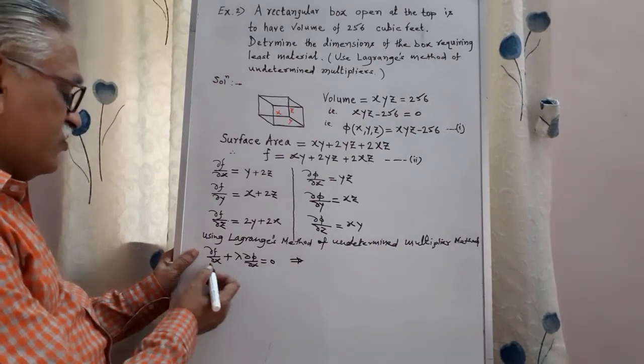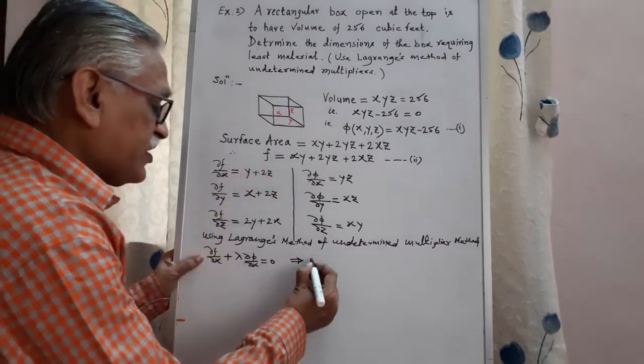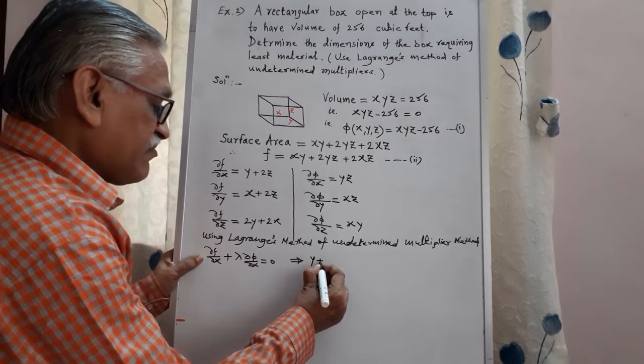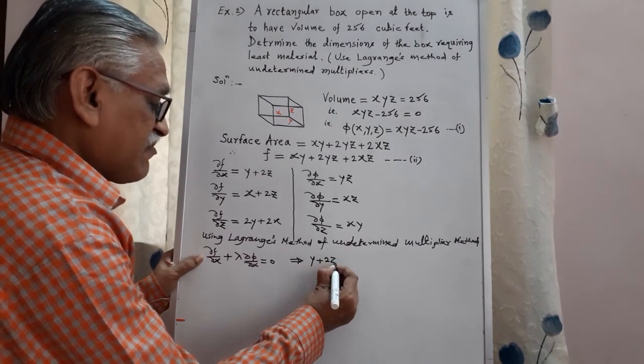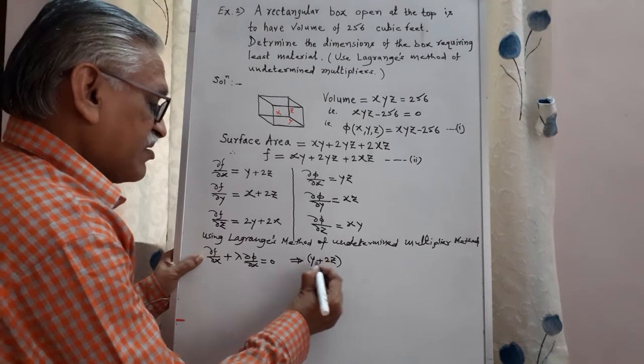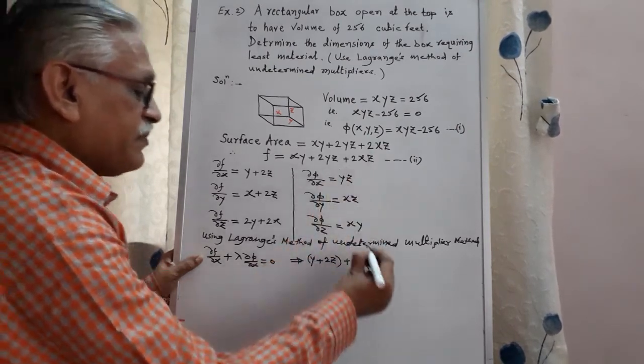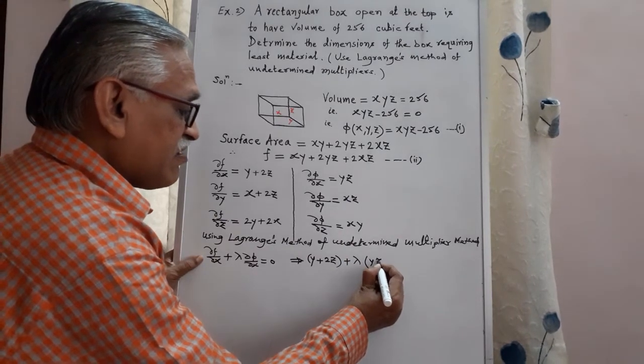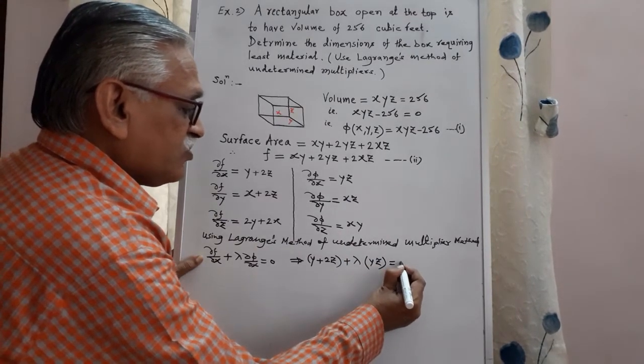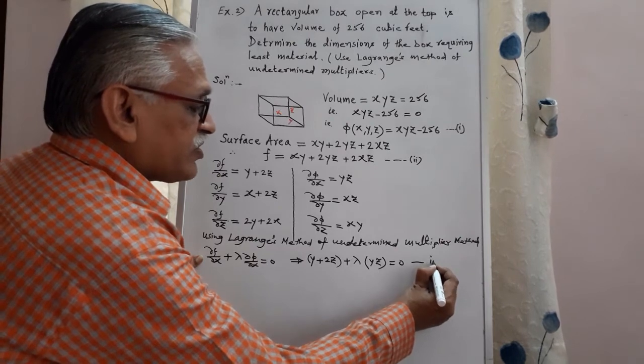If you put these two values, dou f by dou x is y plus 2z plus lambda times dou phi by dou x. Dou phi by dou x is yz, and equals 0. We call this equation number 3.